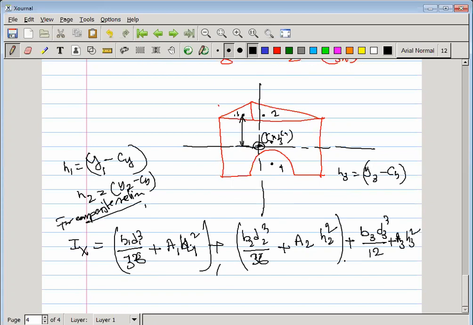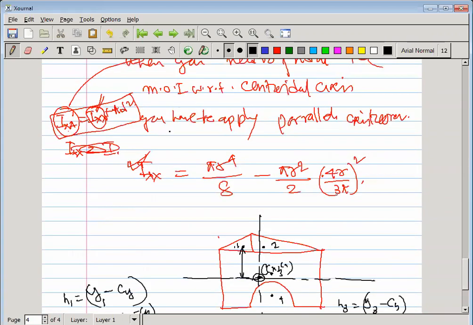This is for body 2 and body 3, and then body 4. Body 4 needs to be subtracted because it is not there. So minus the semicircle, with its moment of inertia with respect to the centroidal axis.